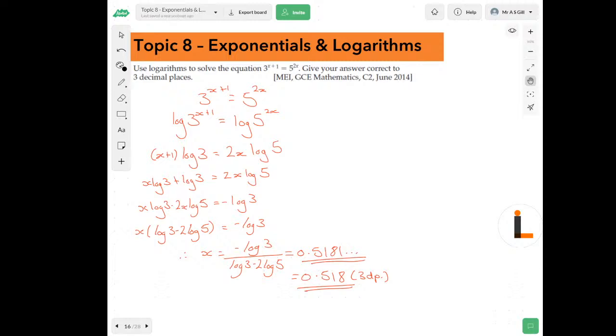Okay, so like you can see, these questions are quite similar. The steps involved: take the logs of both sides, expand your brackets, factorize out, and rearrange to find x.